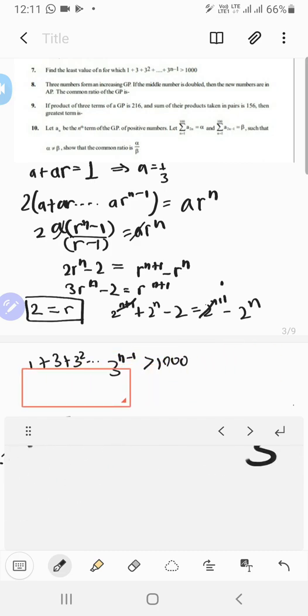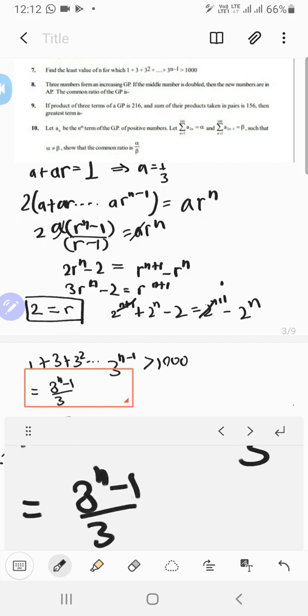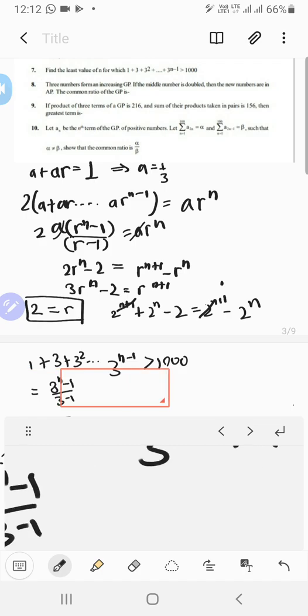Okay, so using the formula for the sum of n terms of a GP, a is 1, so you just get r to the n minus 1 over r minus 1. In this case it is going to be 3 to the n minus 1 upon 3 minus 1, and this is supposed to be greater than 1000.